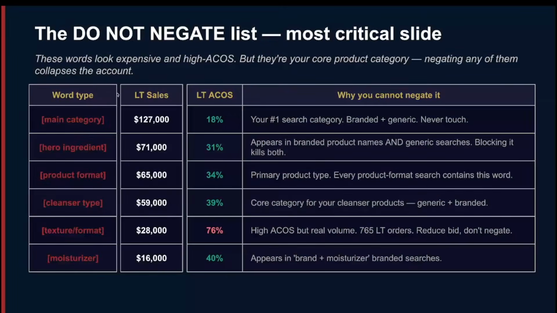We don't want to cover anything with obviously low lifetime ACOS, 18-31%, etc. They're kind of obvious. But we also do not want to negate any phrases that result in search terms with high lifetime sales but high ACOS, because this can be managed. You do not want to negate them from your account.